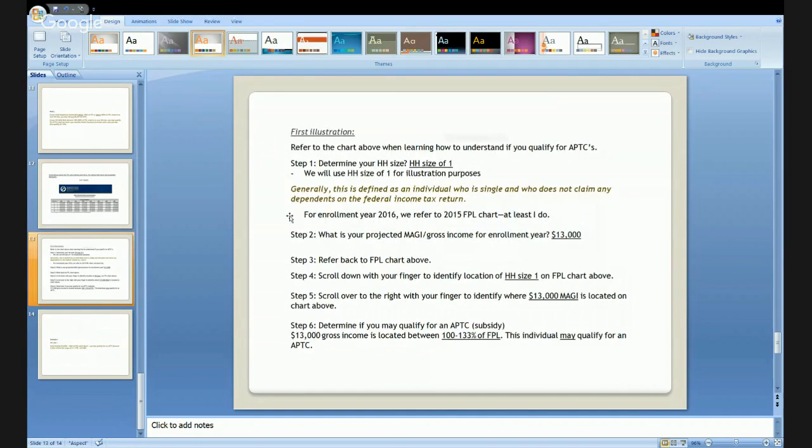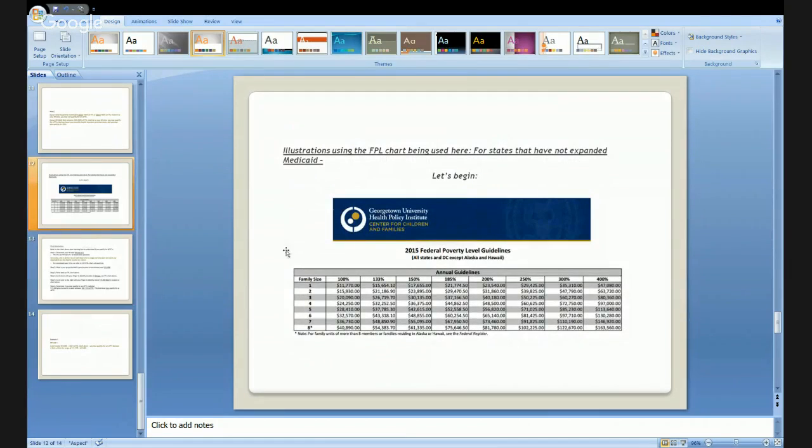For step 2, we're going to project our modified adjusted gross income for the enrollment year. So let's assume we're trying to enroll in a plan in year 2016. We're going to go back up to the chart for a household size of 1. This individual has a projected income of $13,000 a year. So it falls right in between 100% and 133% of the federal poverty level guidelines.